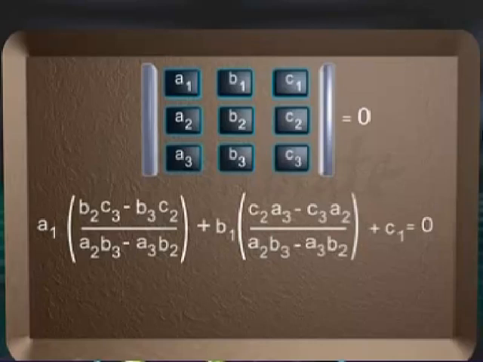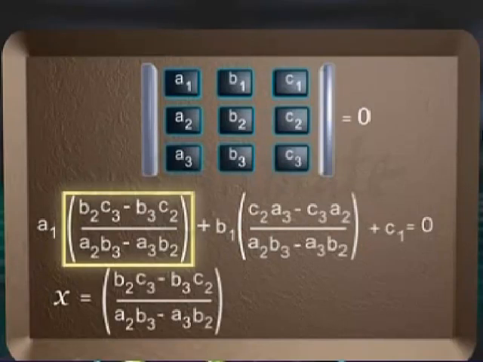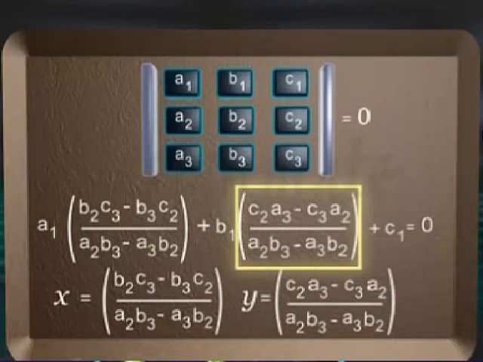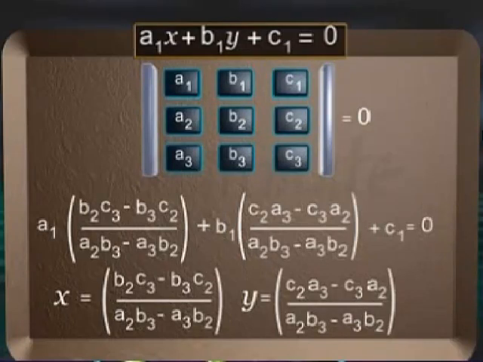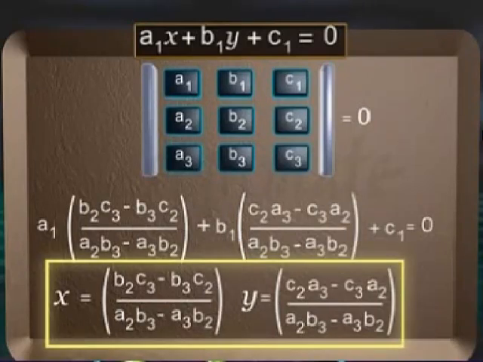Now let us take x is equal to (b2c3 minus b3c2) upon (a2b3 minus a3b2), and y is equal to (c2a3 minus c3a2) upon (a2b3 minus a3b2). Therefore, we have a1x plus b1y plus c1 is equal to 0. Thus, x, y is a solution of the given system.